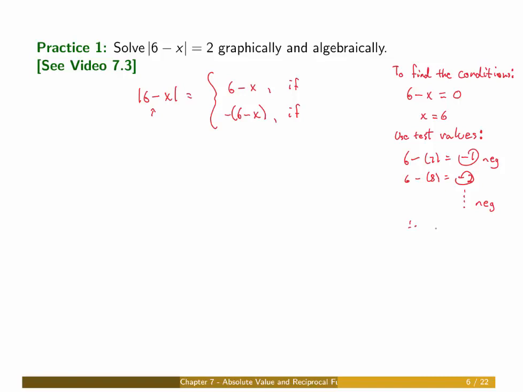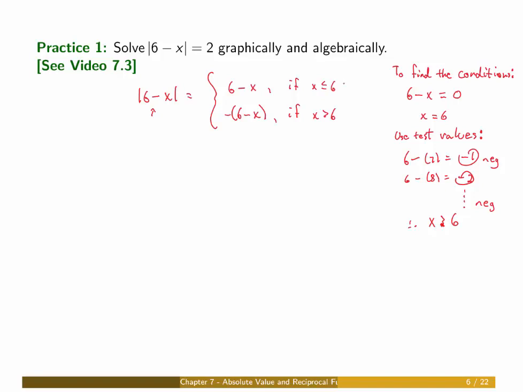So as long as x is greater than 6, you're going to have negative values. If it's equal to 6, you're going to get 0. So it's going to be negative when x is greater than 6, and 0 or positive when x is less than or equal to 6. That's how you find the conditions.